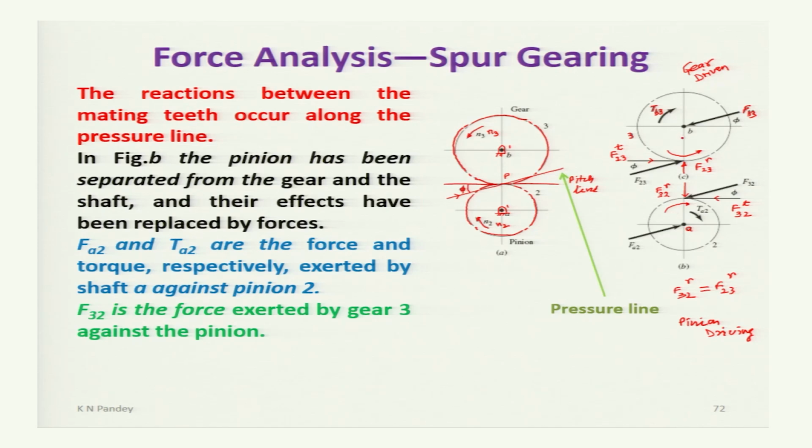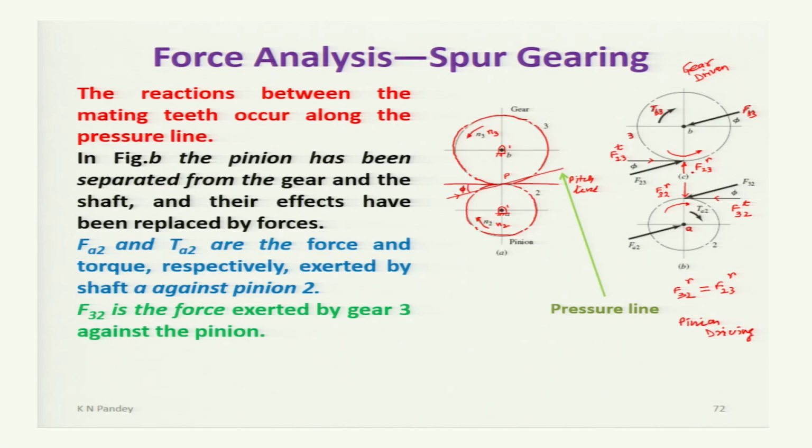But in the case of driven gear, the tangential component of the load which is acting between the two gears in mesh will be along the direction of rotation of the driven gear, and the radial components will act along the axis of rotation or the center of rotation of the pinion and gear in both the cases.